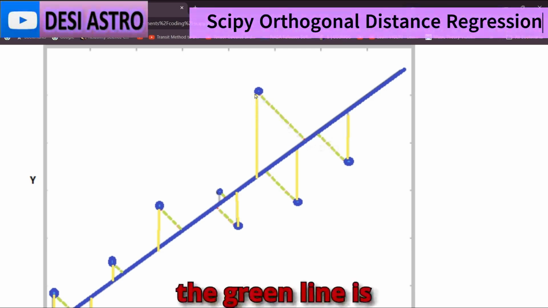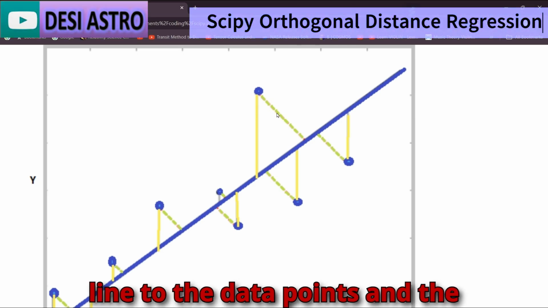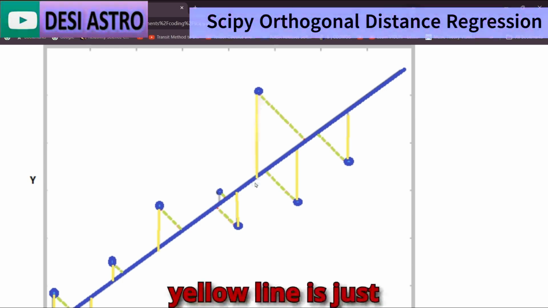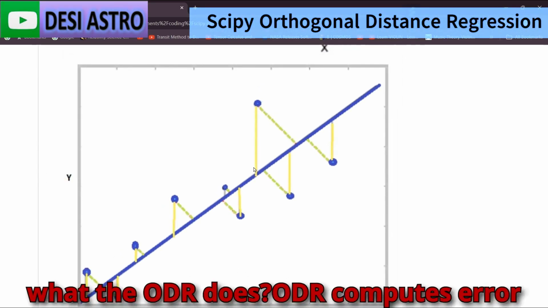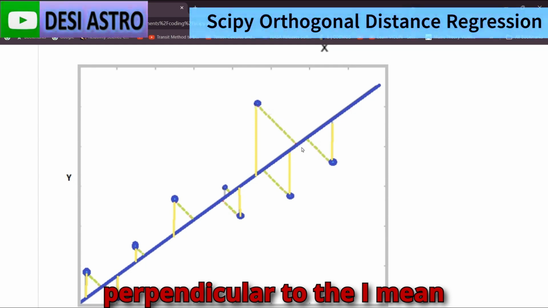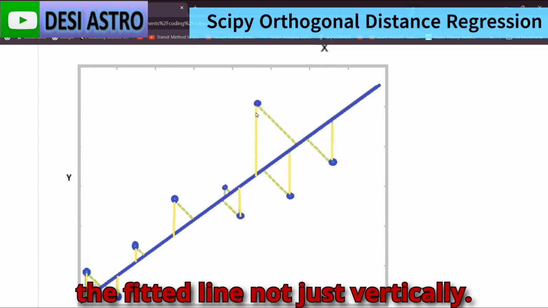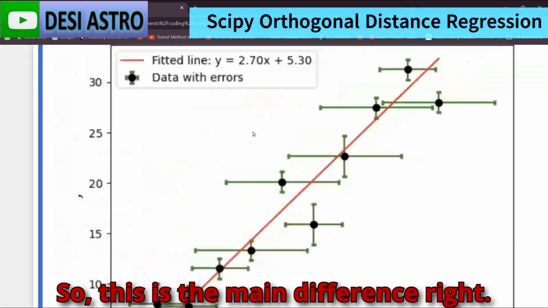The green line is perpendicular to the fitted line from the data points, and the yellow line is just vertical to the line. So what ODR does, ODR computes error perpendicular to the fitted line, not just vertically. So this is the main difference, right?